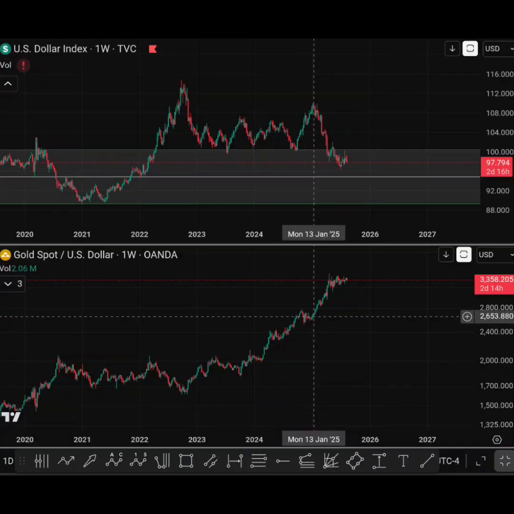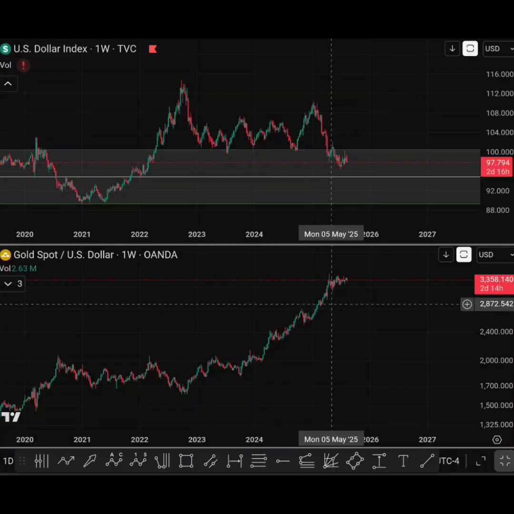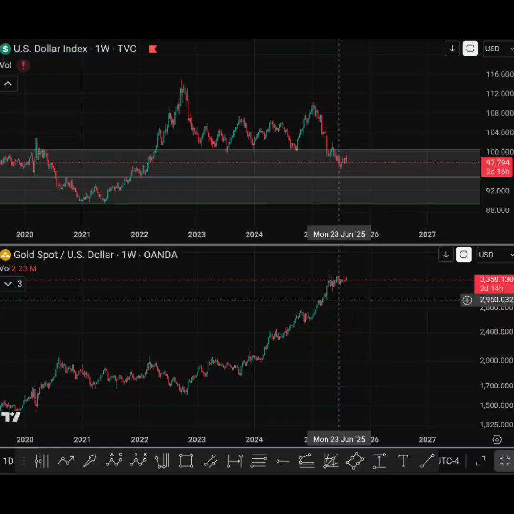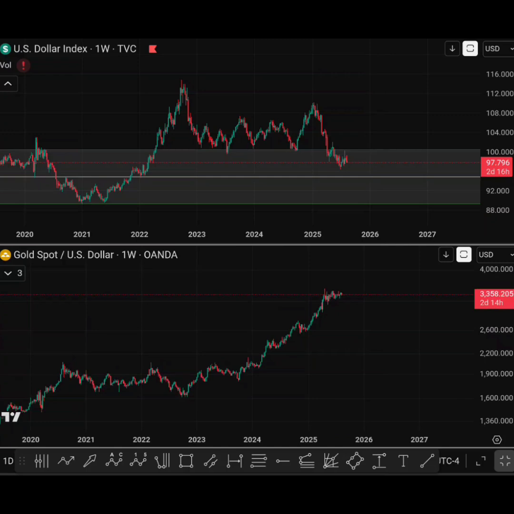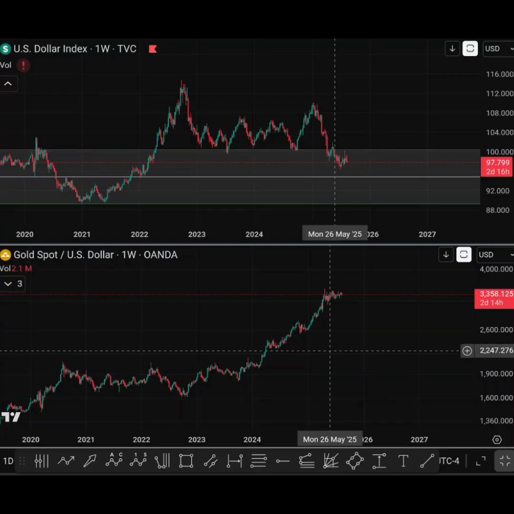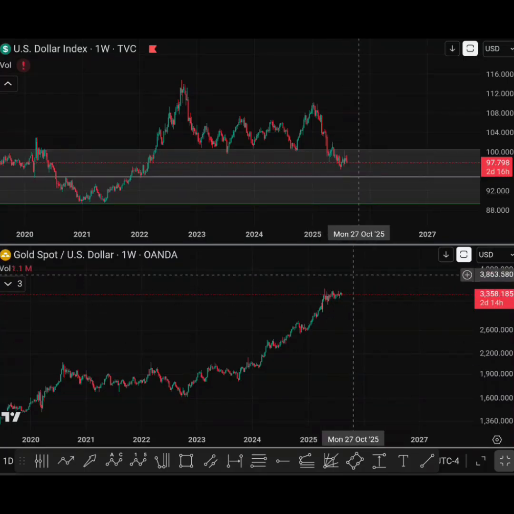And since the beginning of 2025, gold has gone vertical and the dollar has gone down. So this is basically investors running to gold. The dollar doesn't appear to be a safe haven, and now that it's breaking down, gold is breaking out.